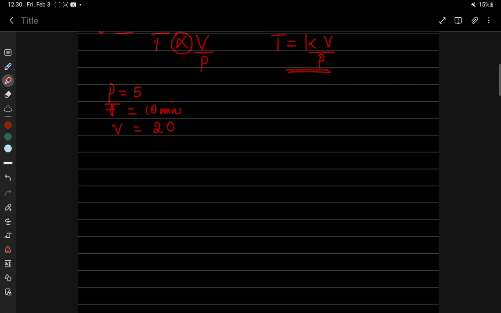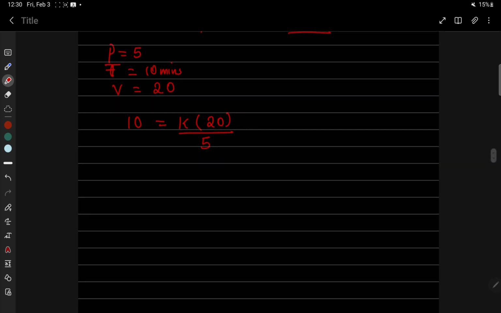These are the first set of values to get our K. So we have 10 minutes, that is T is equals to K, then the number of vehicles, 20, all over P, which is 5.